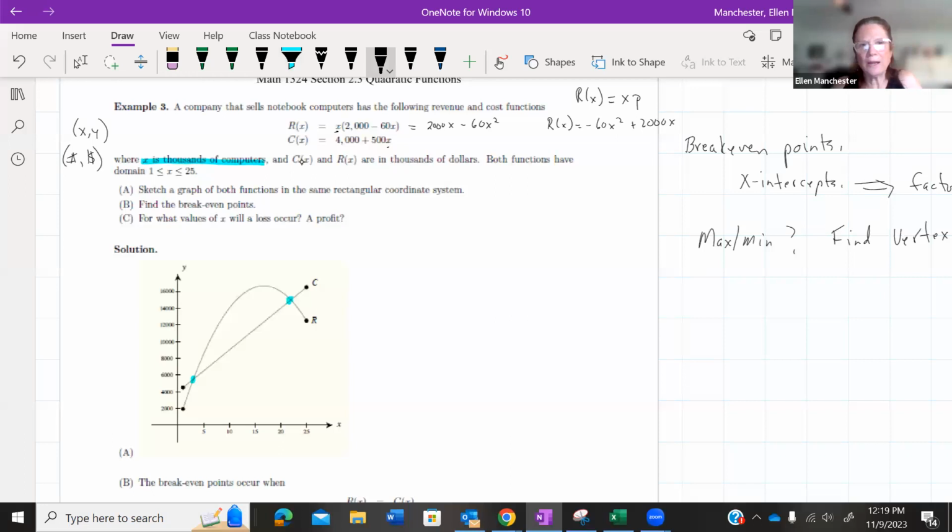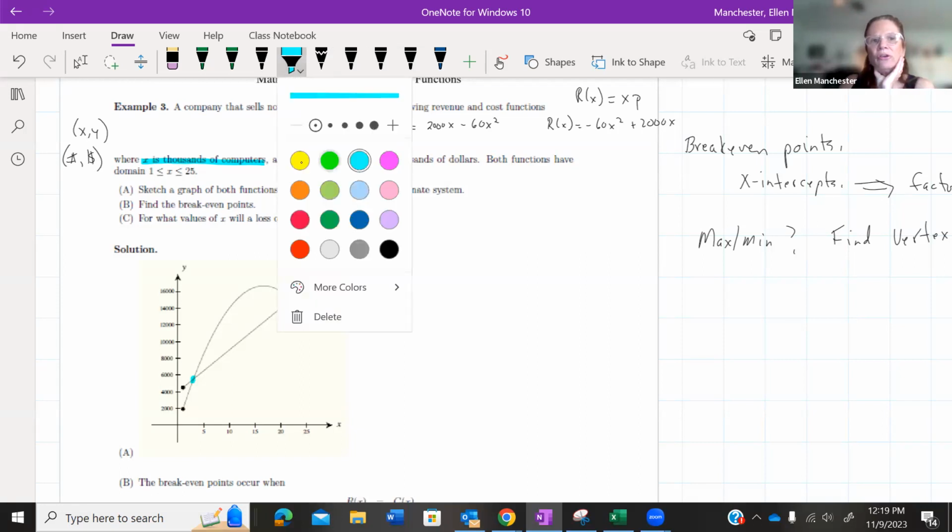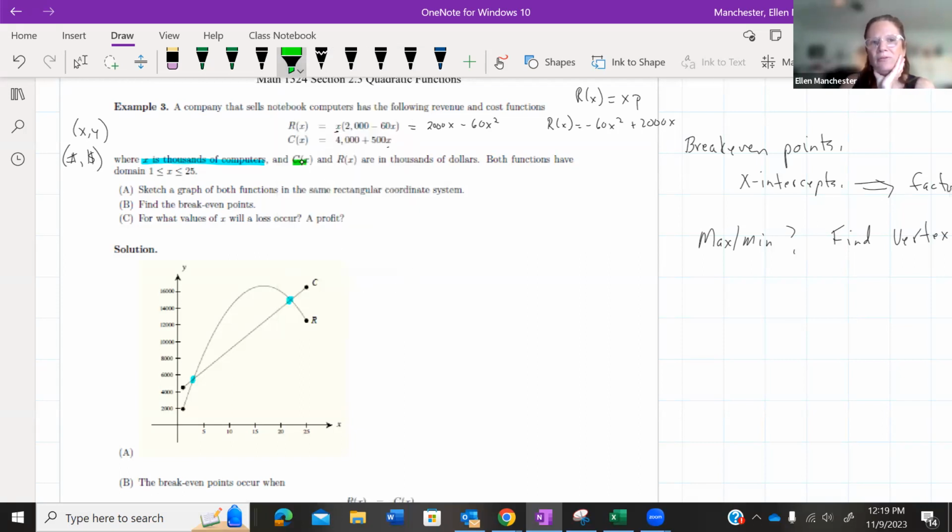And the cost and the revenue are in thousands of dollars. So those are going to be important pieces of information, because if you get an answer like 3, you're not going to go, oh, I need 3 notebook computers. No, you need 3,000 notebook computers because x is in thousands.